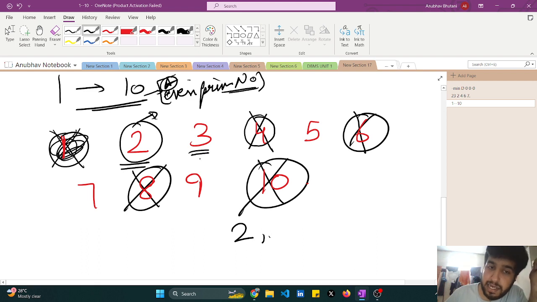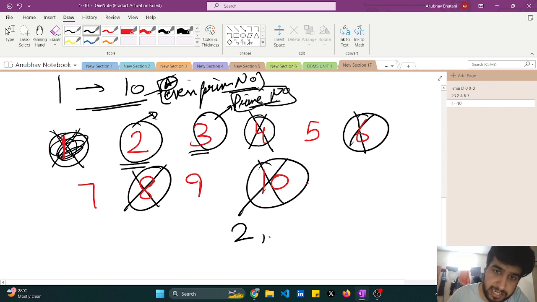I'll come to 3, because 3 is not cut. I can repeat the same thing: if this is a prime number that I am considering, I can cancel its multiples, because the multiples are going to have an extra factor, that prime number.